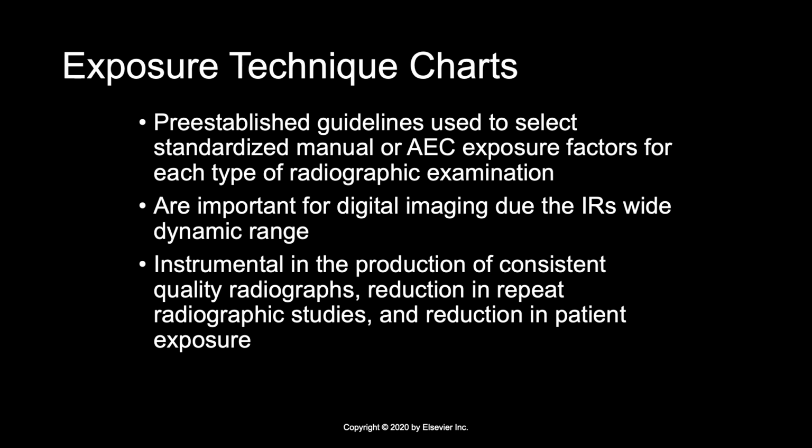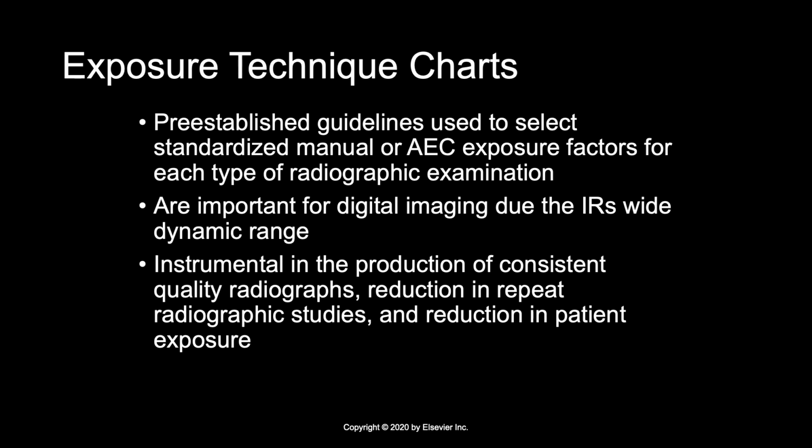So based on the thickness of the anatomic part that you're radiographing, you're going to select the exposure factors in the technique chart. And the technique charts will have like the centimeters. So if you use calipers to measure the part being examined, you can see how many centimeters it is. And then on the technique chart, it will show you, depending on how many centimeters the part is, what type of technique to use.